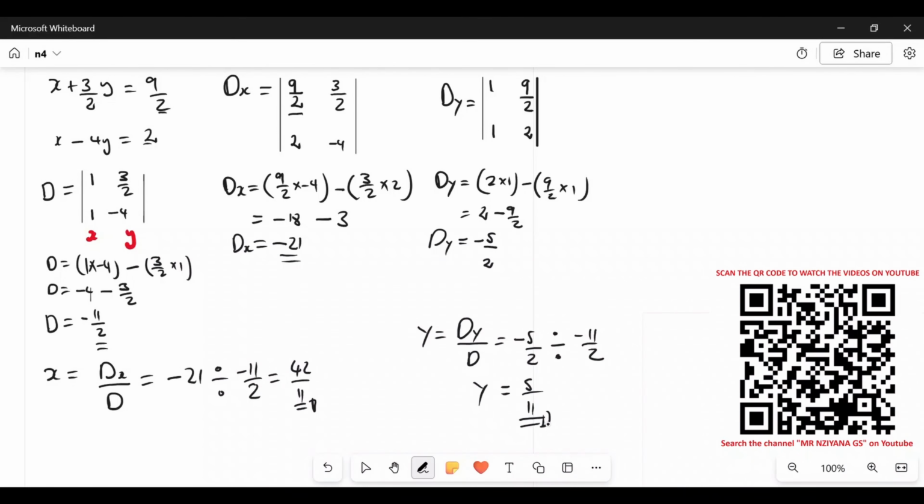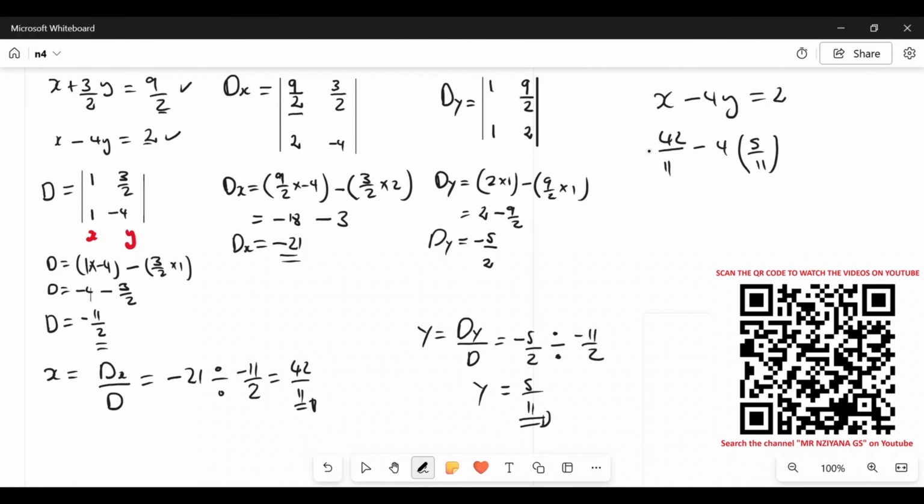But to double check whether our values are correct, we need to check using these equations. Remember, we have this equation and that equation. I'd rather take equation 2 and use it to check. Equation 2, remember, we have x minus 4y is equal to 2. So x is actually 42 over 11, minus 4, and then our y is 5 over 11.